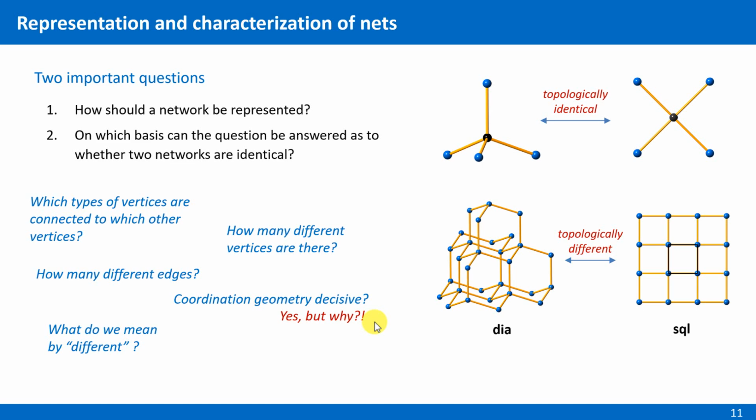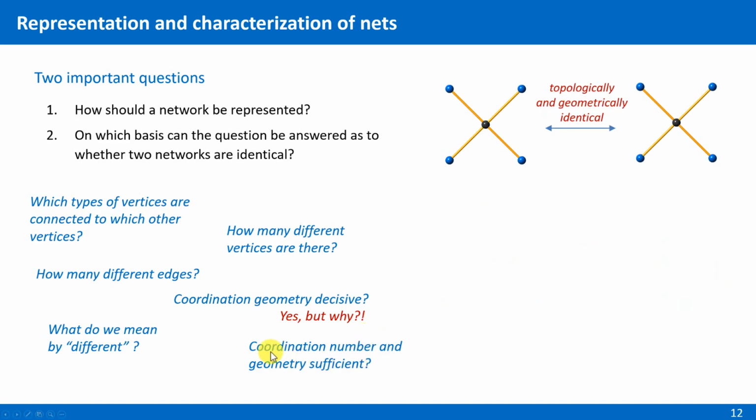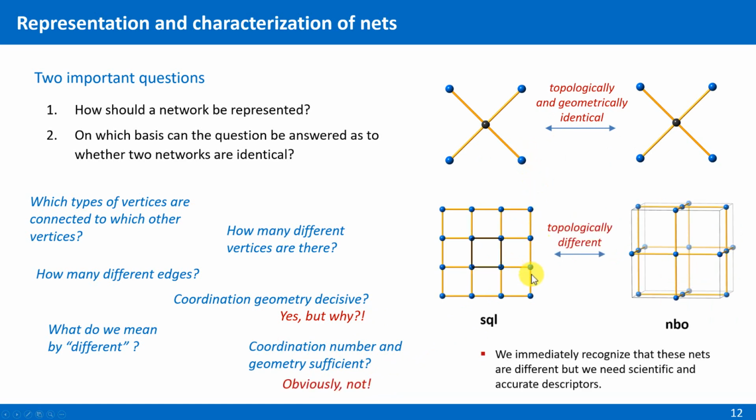Okay, then perhaps it is sufficient to characterize the coordination number and the geometry of the vertices that build a net. This is also not the case. See, for instance, these two nets called SQL and NBO. In both nets, all vertices are coordinated in a square planar fashion, but the nets are clearly different.